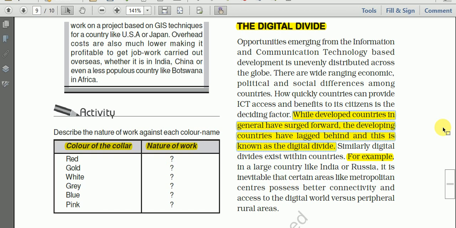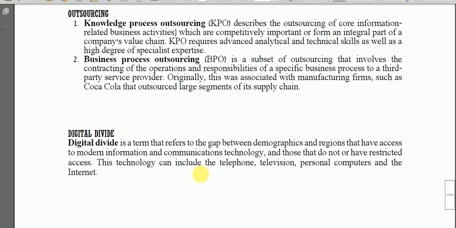Some West European countries and American countries are highly developed in the field of ICT, information and communication technology, while some countries in Asia and Africa have lagged behind in the field of IT, and this gap, this difference between the developed countries and developing countries in the field of ICT is known as the digital divide.